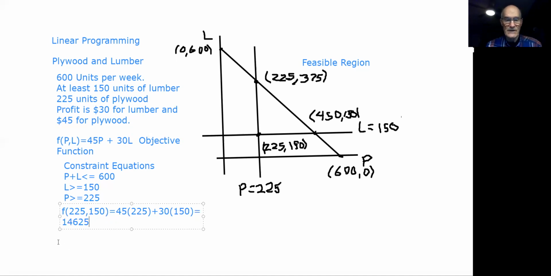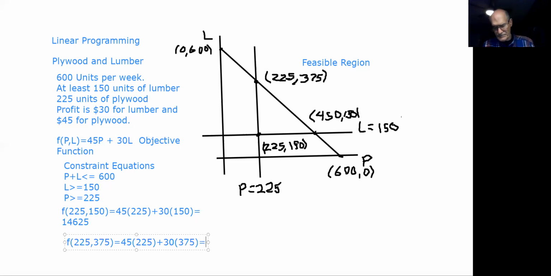Now, if we come down here, the next point up there, which is 225 and 375, that's equal to 45 times 225 plus 30 times 375, and that's equal to 21,375.